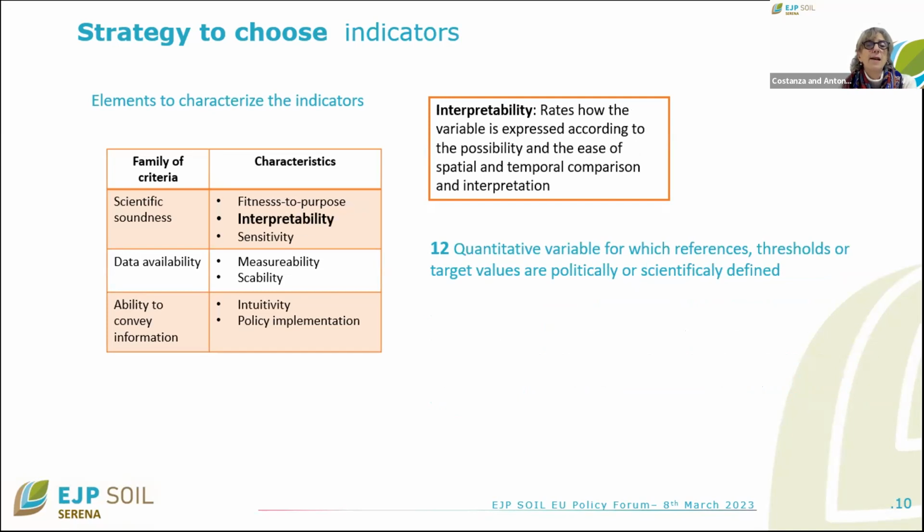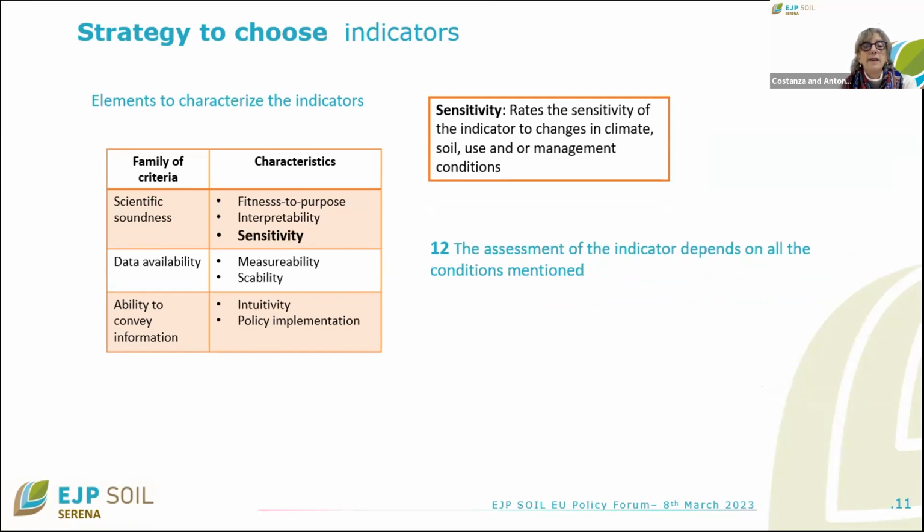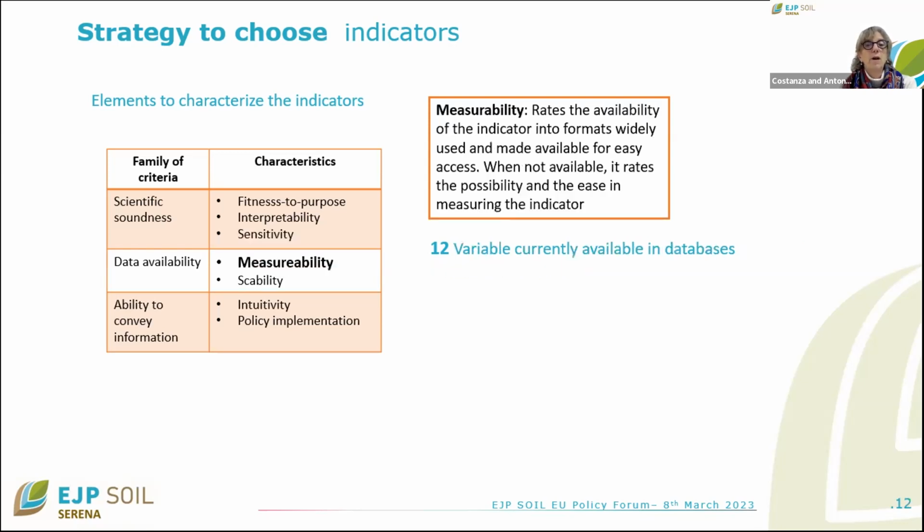So the best score is given to indicators that are quantitative and for which reference thresholds or target values are politically or scientifically defined. And the sensitivity refers to the sensitivity of indicators to changes in climate, soil use, and management conditions. So the best rank is given to an indicator that depends on all the conditions mentioned.